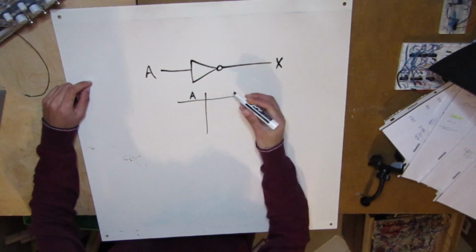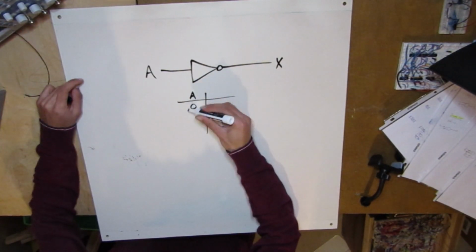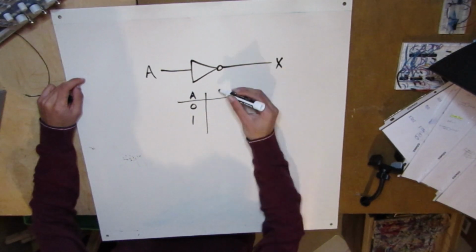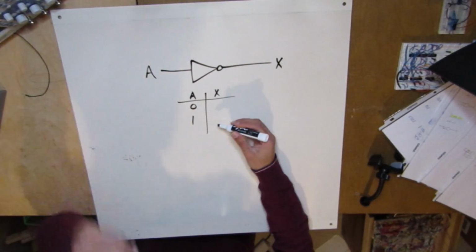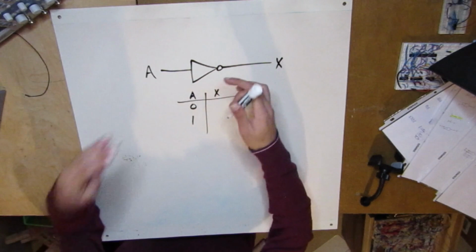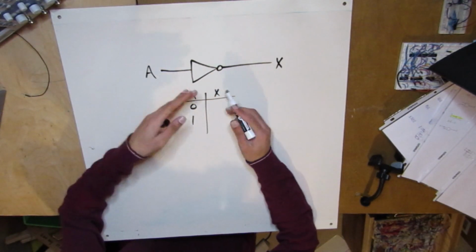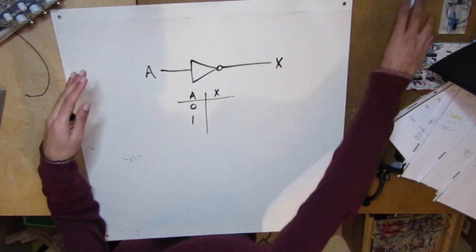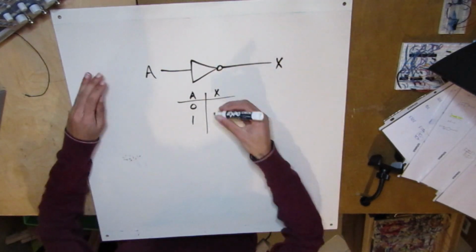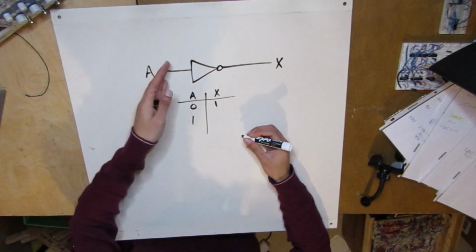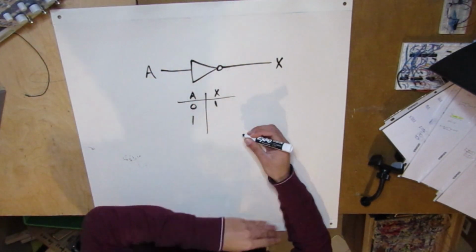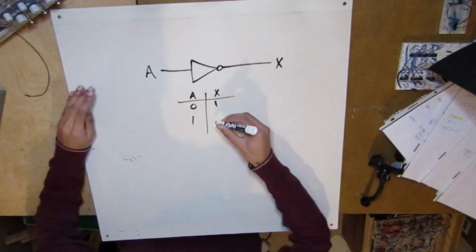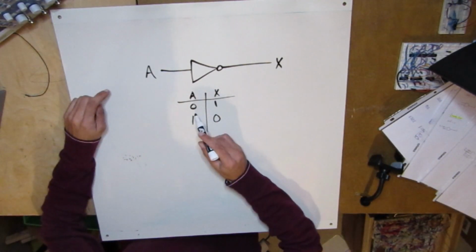These are the only combinations: we could have a 0 or a 1. On the output X, pretend there's no water going in. What this gate does is magically create water here for you. And if there is water flowing through, it magically deletes the water. So they're the opposite of each other.